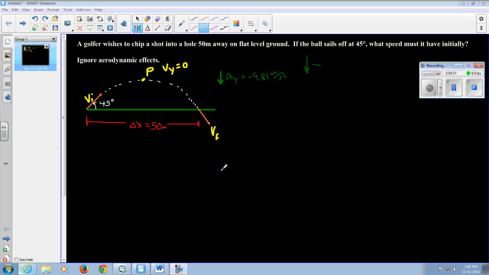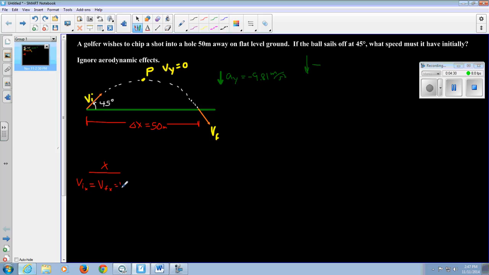So let's take a moment to list down all the information we have in the x direction and all the information we have in the y direction. In the x direction, let's look at our given information. The initial velocity in the x, we don't know, but we do know that it's equivalent all around, so that's equal to the final velocity in the x direction.